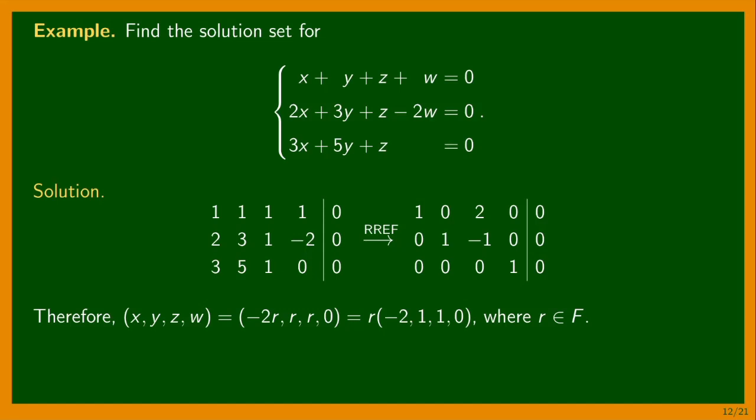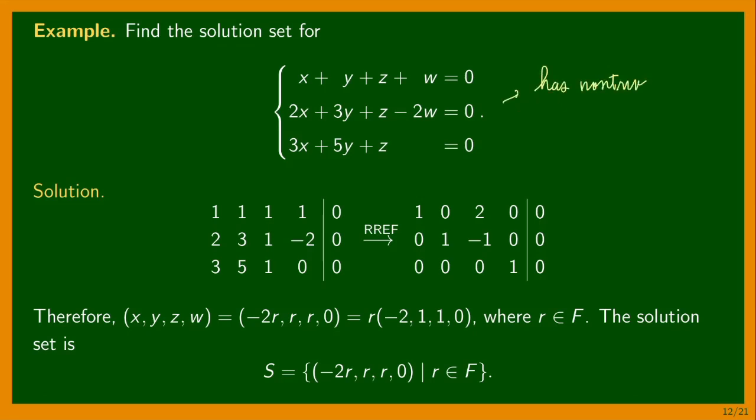So every solution to this linear system is just a scalar multiple of the vector (-2, 1, 1, 0). In fact, we can write the solution set as follows. As you can see, this has a non-trivial solution because it has infinitely many solutions.